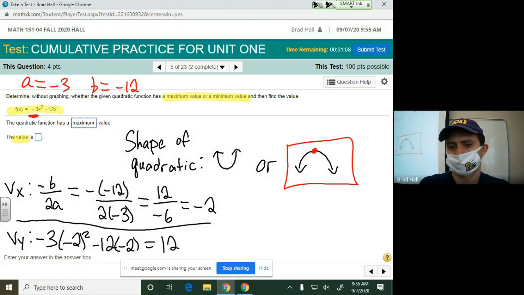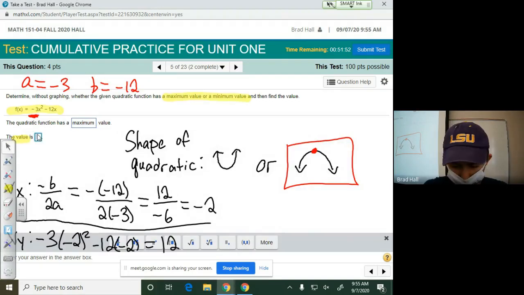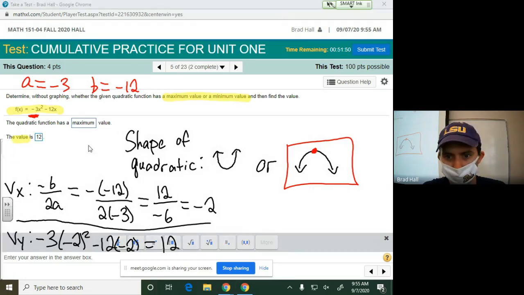That's 12. That would be our answer. So it's pretty much the same problem as before. It's just set up in a slightly different way.